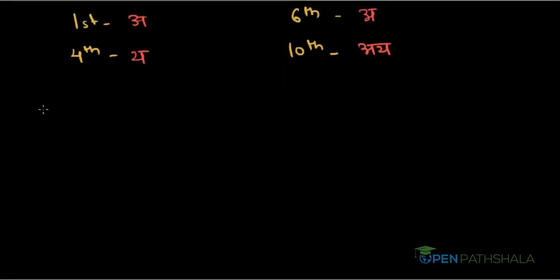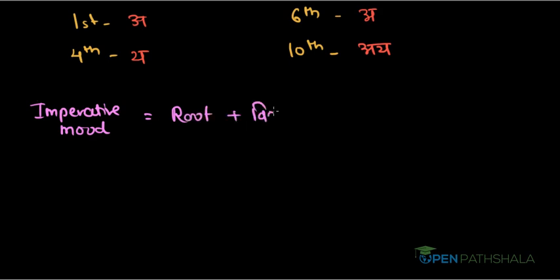Now let us see the rule for forming imperative mood form. It is very simple. The rule is root plus vikarana pratyaya, that is conjugational suffix, plus endings of person.